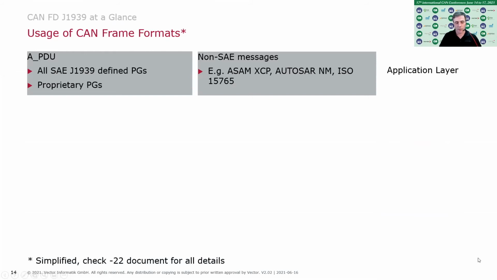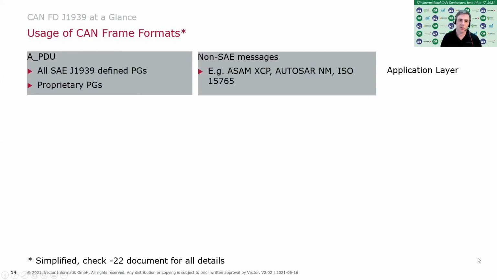So on the application level, we have the application PDUs, where we have most likely all the SAE defined parameter groups and the proprietary parameter groups. Everything that belongs to SAE J1939 goes into this application PDU, nothing else.